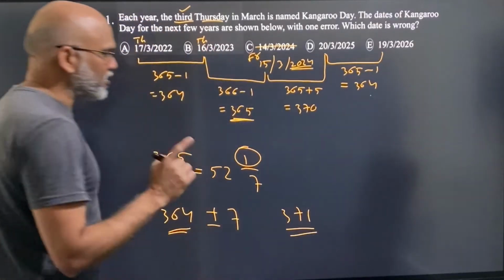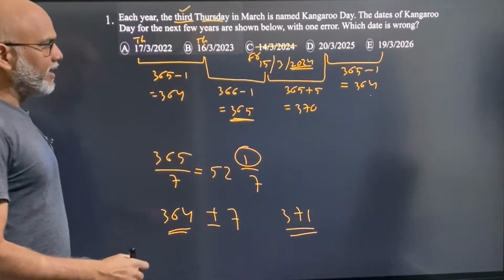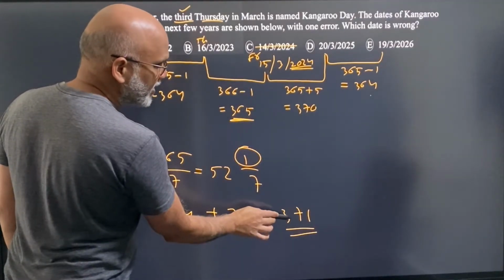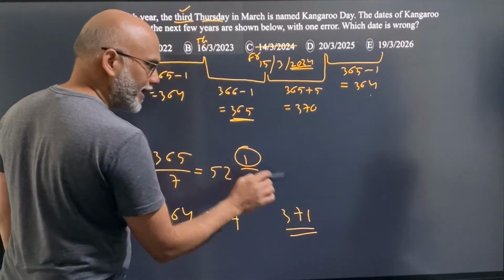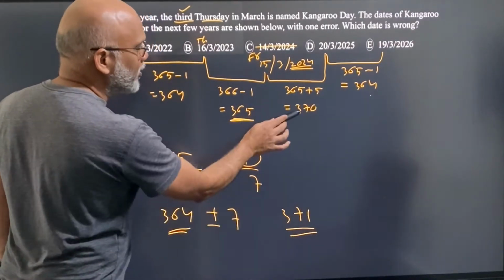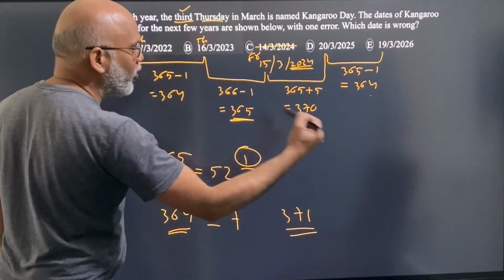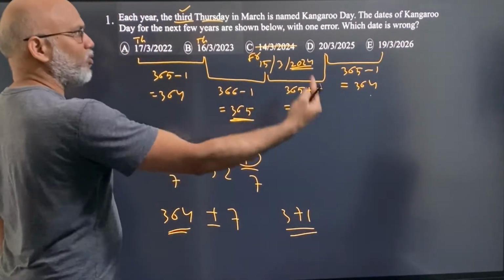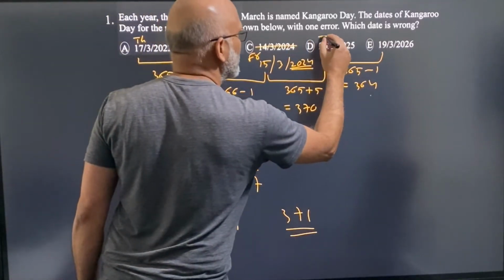So 371 is also going to be divisible by 7. Now, from Friday, if I went 371 days, it will be a Friday again. But I'm not going 371 days, I'm going only 370 days. So I'm going one less day. So this is not going to be a Friday, one less is Thursday. So this is going to be Thursday.